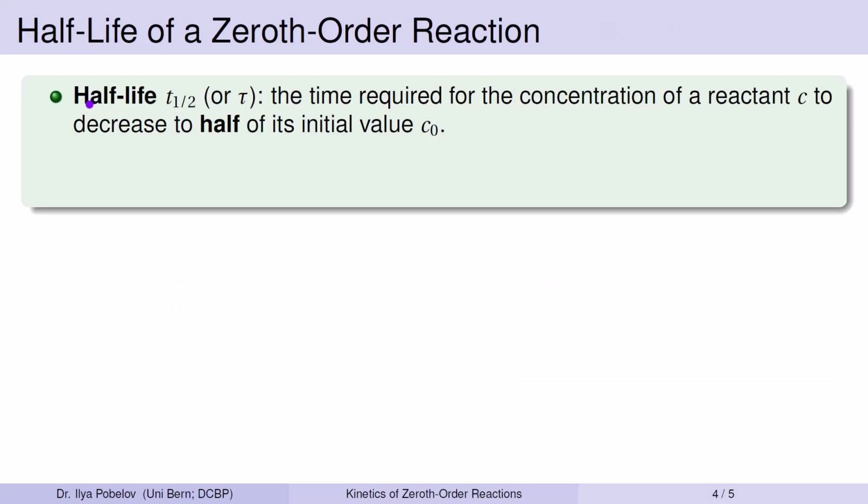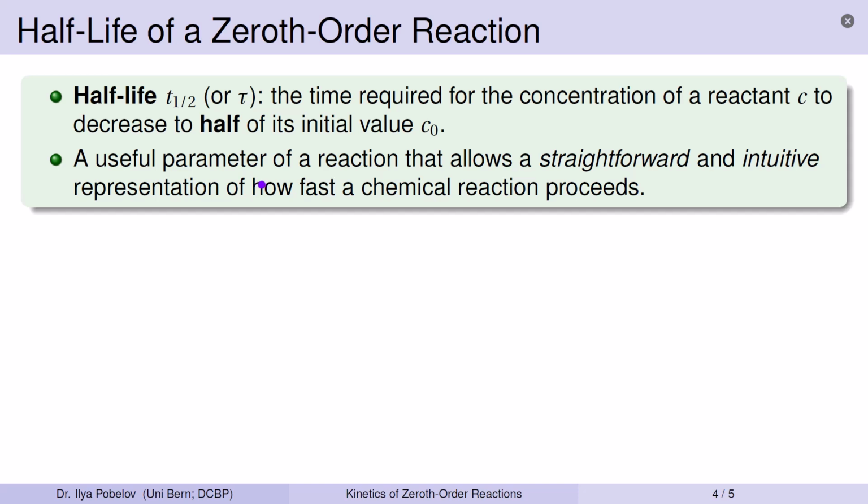In chemical kinetics, half-life, commonly denoted as t1/2 or tau, is the time required for the concentration of a reactant to decrease to half of its initial value. It is a useful parameter of a reaction that allows a straightforward and intuitive representation of how fast a chemical reaction proceeds.